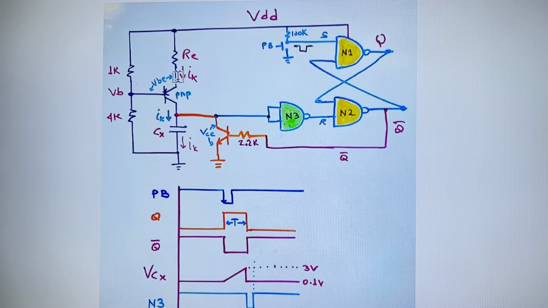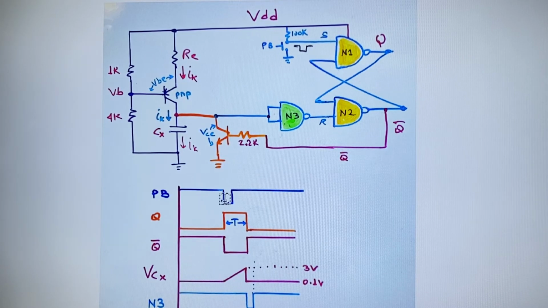Now the constant current IK will be flowing into the capacitor, and the capacitor will start charging, as you can see here, in a voltage ramp, which is not logarithmic, it is a ramp. Because NOT Q is 0 when you press the push button, it is charging because the transistor is open.